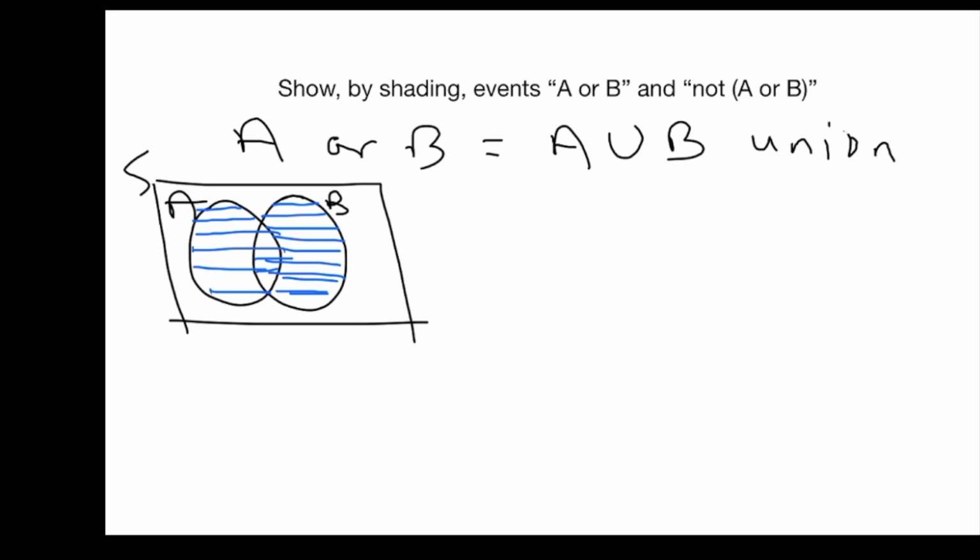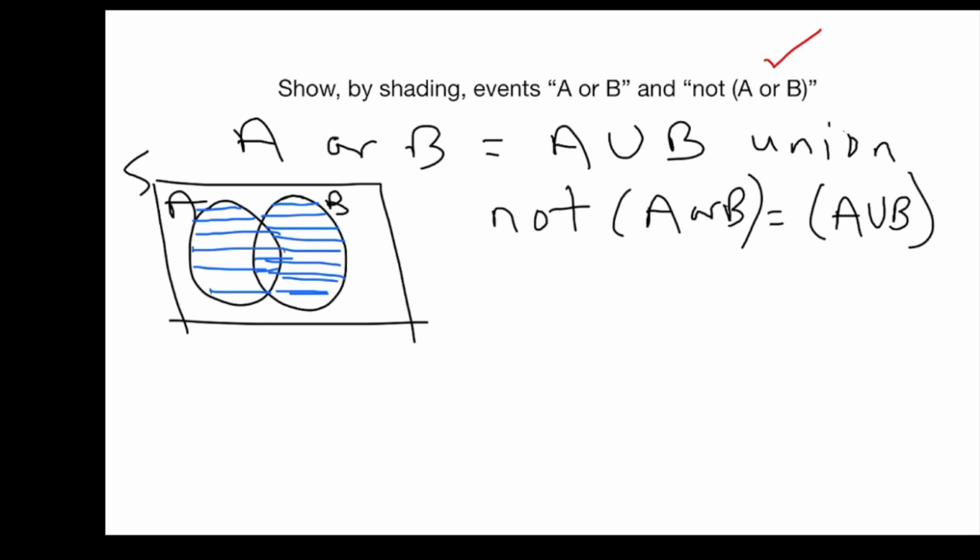Now the second part says not A or B, which means the complement of A or B. So remember, not A or B means A union B complement.